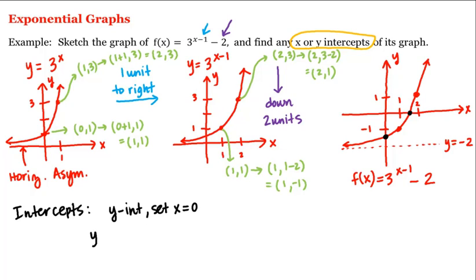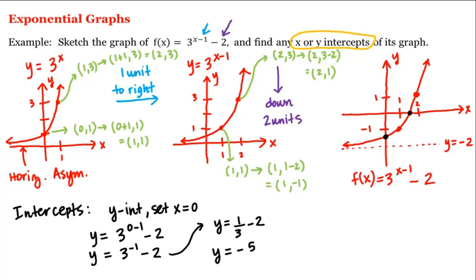That is, we have y is equal to 3 raised to the 0 minus 1 minus 2, or y is equal to 3 to the negative first power minus 2, or y is equal to 1/3 minus 2, or y is equal to negative 5/3, which would be our y-intercept. That is, coming back over here to our graph, the y-coordinate of this point is negative 5/3.